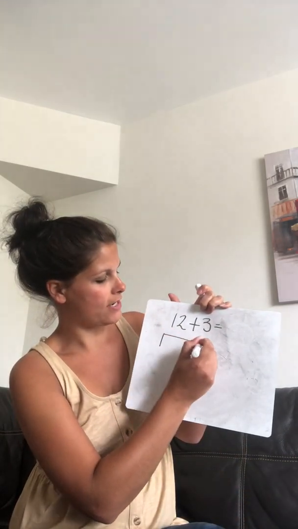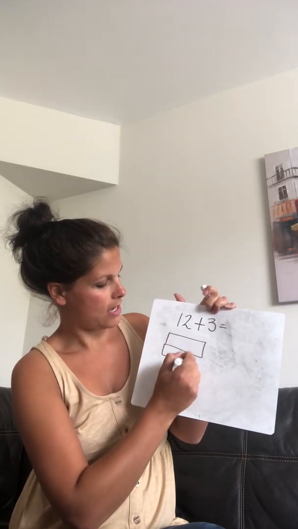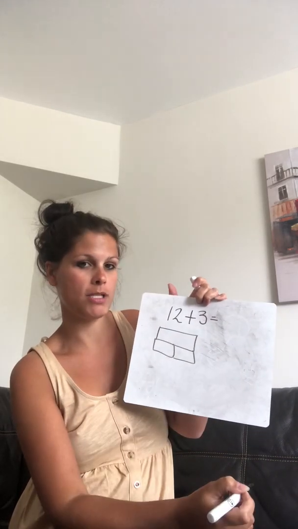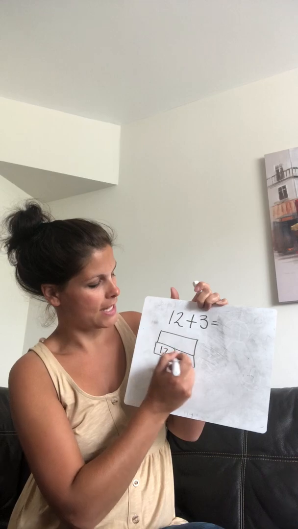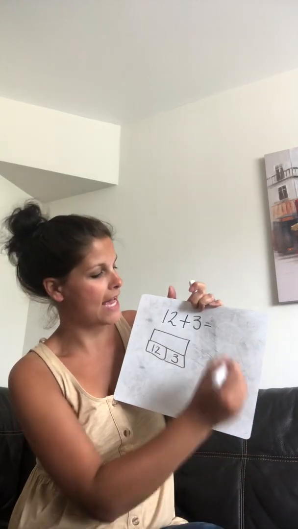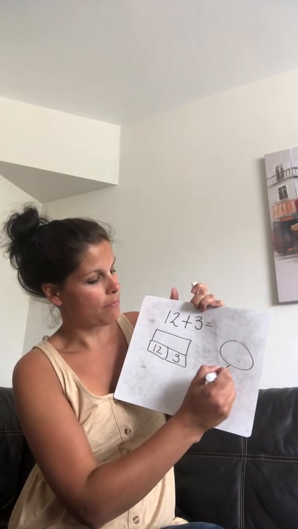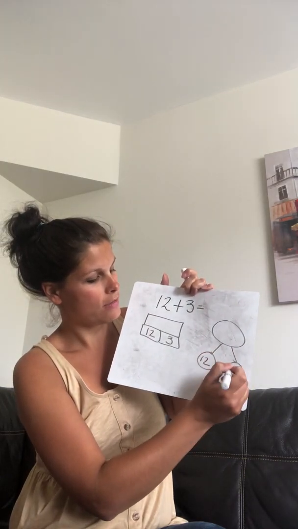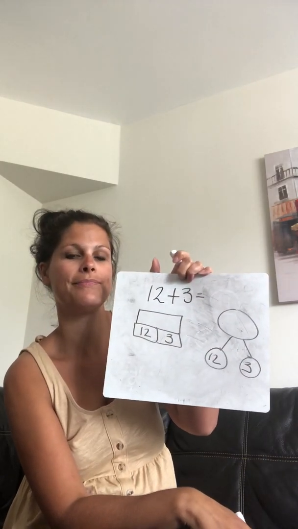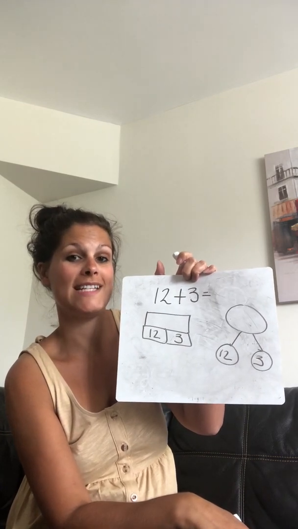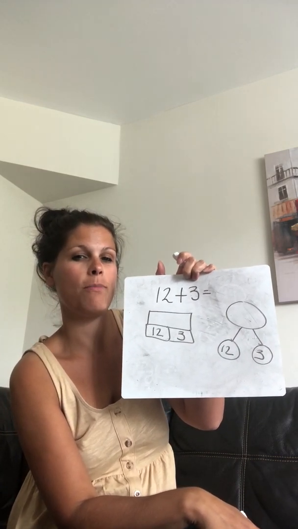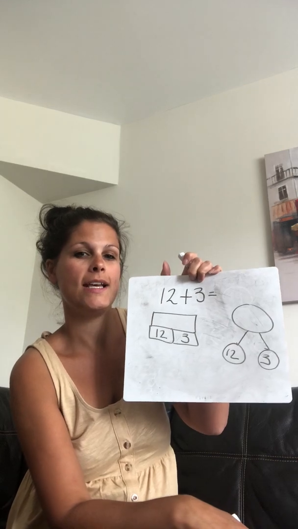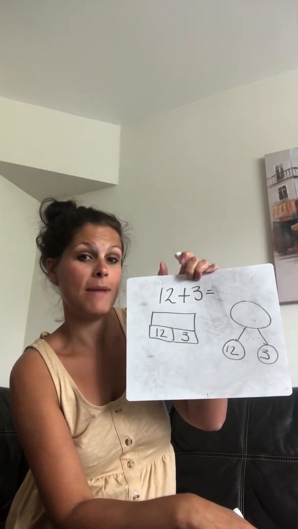I'm going to draw it as a bar model again. Put my numbers in there because those are the ones I need to add. And my part-whole model. 12 and 3 there. And I'm going to figure it out by drawing my circles and my objects.